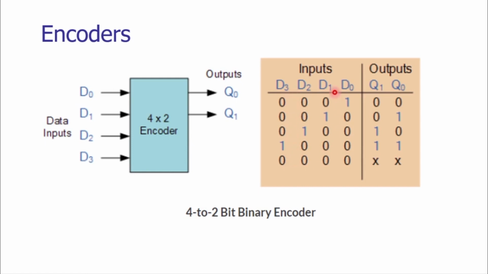So for D1 equal to 1, D2 equal to 1, Q1 and Q0 would be 1, 1. The same would be there for D3. It is a clash, and that creates confusion, and that is the major drawback of the 4 to 2-bit binary encoder. So how to solve this problem? To solve this problem, we have to prioritize the input data lines, and based on the priority, we can generate the output. How this works, we will see in the next slide.